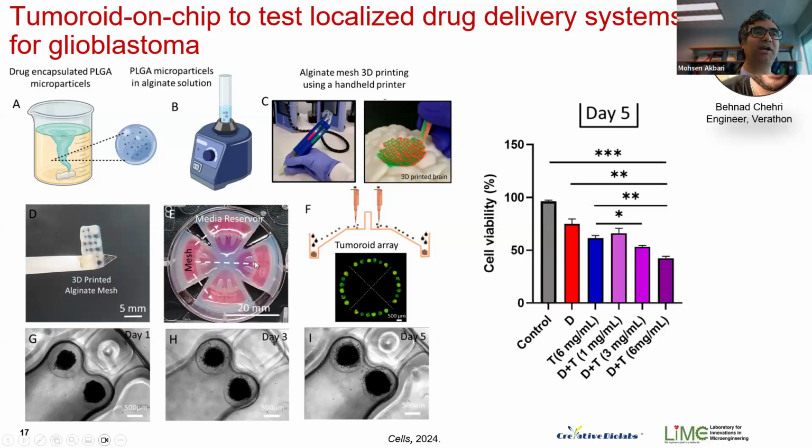And then they release their payload, and the tumors that were formed in the tumoroid section were exposed to different concentrations of drugs, and in this case, a combination of different drugs. This way, we were able to identify the combination of doses of two drugs, in this case an iron chelator and temozolomide, that was most effective in eradicating tumor cells and shrinking the size of the tumor.